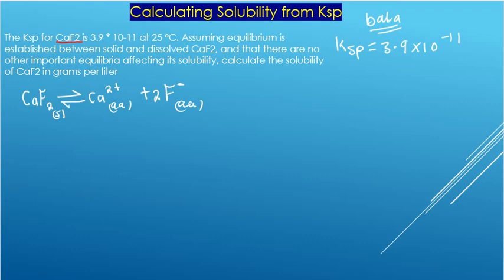Because we have only been given the KSP, but when it comes to calcium ion, we have not been given. When it comes to the fluorine ion, we have not been given. So it's better that we establish the ICE table, and I'm going to show you how to use the ICE table.